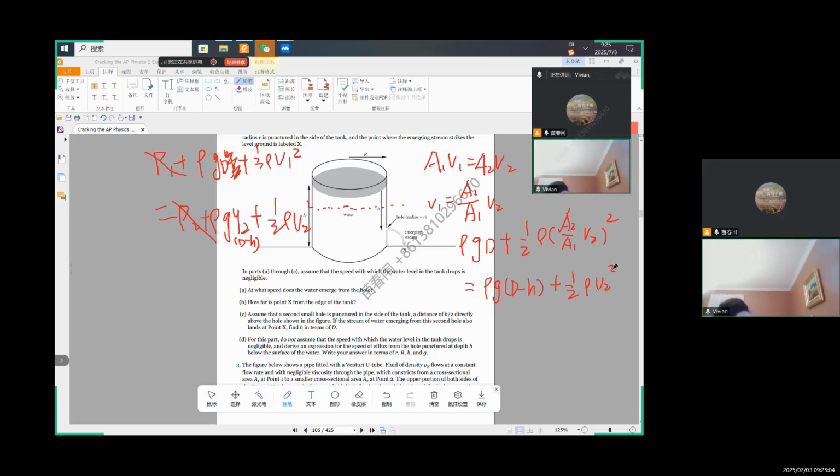And I have 1/2 rho v squared, also a v2 squared anyway, right? Correct, 1/2 rho v2 squared, and then times A2 over A1, this should be squared, minus 1, right? And equals to, if I expand that, rho gD is out. So it's negative rho gh, right?